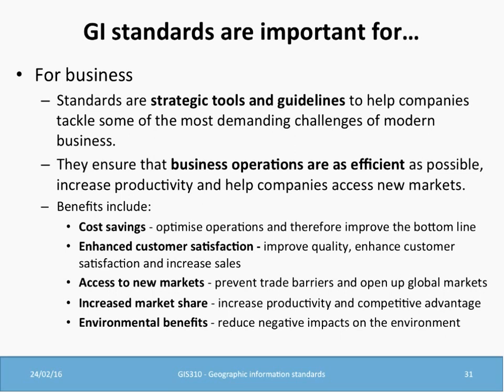Market share: when you can start trading globally, it increases productivity, gives you a competitive advantage, and then there are always environmental benefits. When you follow these best practices, in some cases it can reduce negative effects, and there are a lot of different things that can actually help.